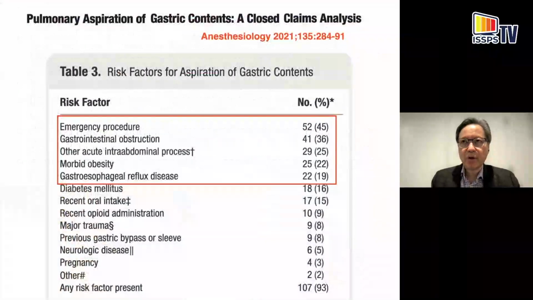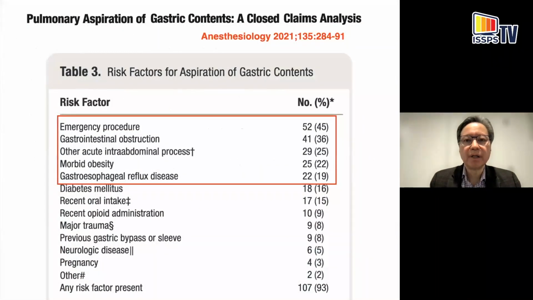Going back to the ASA closed claims database, the 5 top risk factors are emergency surgery, GI obstruction, other acute intra-abdominal processes, morbid obesity, and GE reflux disease.